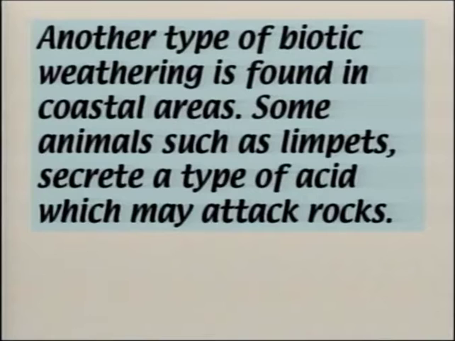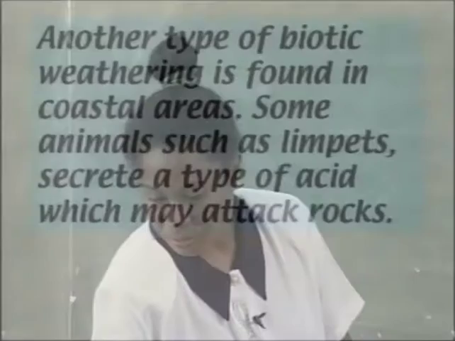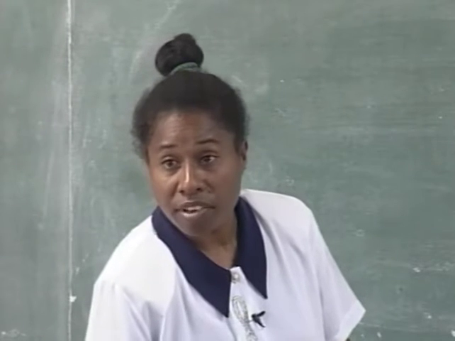Over time, those limpets secrete a type of acid, and that acid can contribute to the breaking up of rocks. So limpets are an example of an animal found in coastal areas which also helps in the breaking up of rocks. I do not have a photograph or a picture of a limpet, but if I do get one, then I might be able to show you an example.